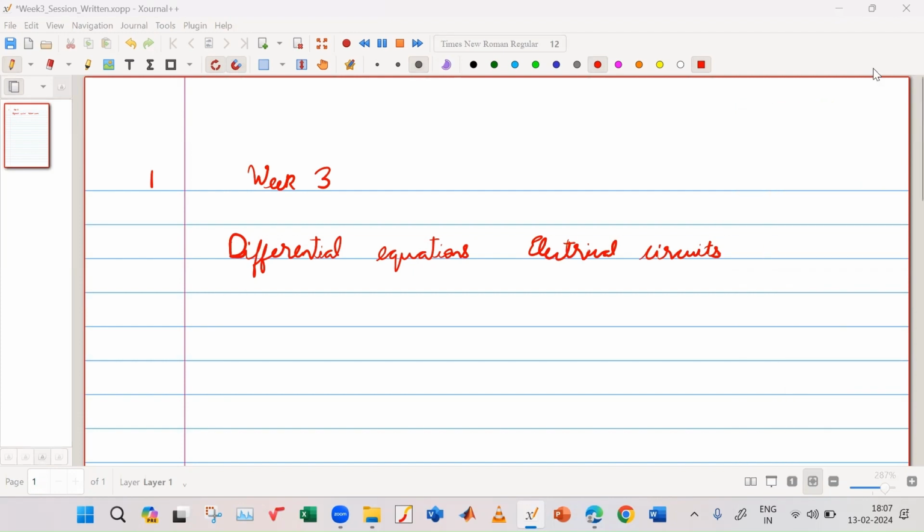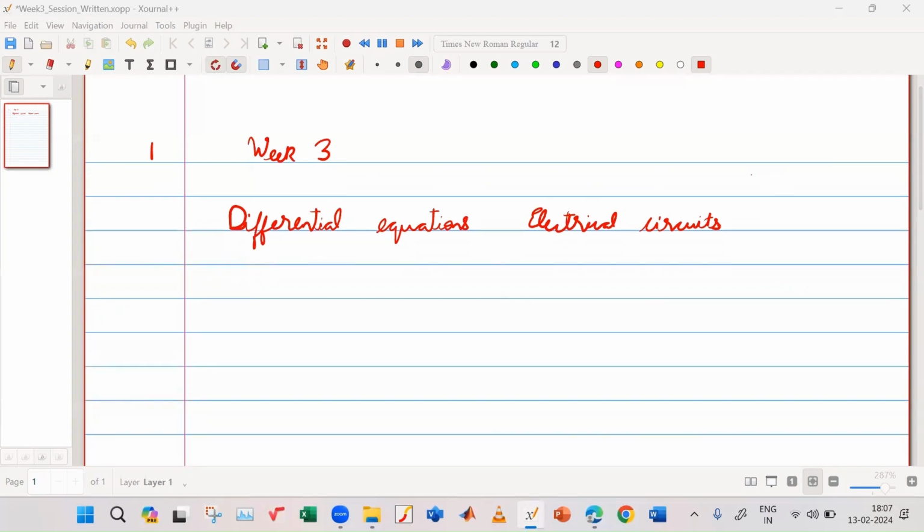So there is a differential equation. In the circuits which you will be solving currently, they will be linear. It will be linear differential equations you will be solving. Okay.